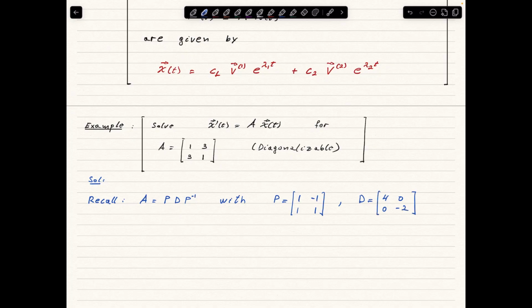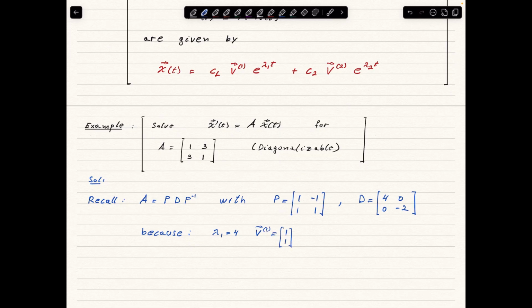And again, the reason is that the eigenvalue lambda 1 is 4, and an eigenvector, for example v1, is (1, 1).